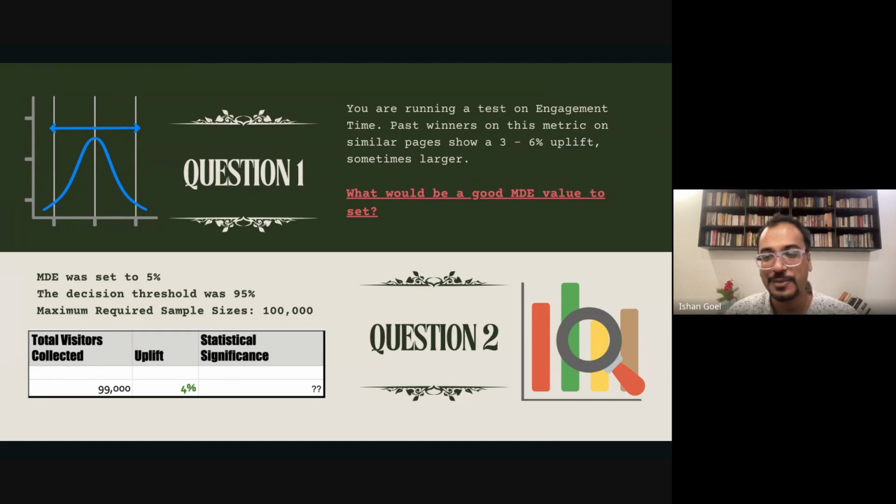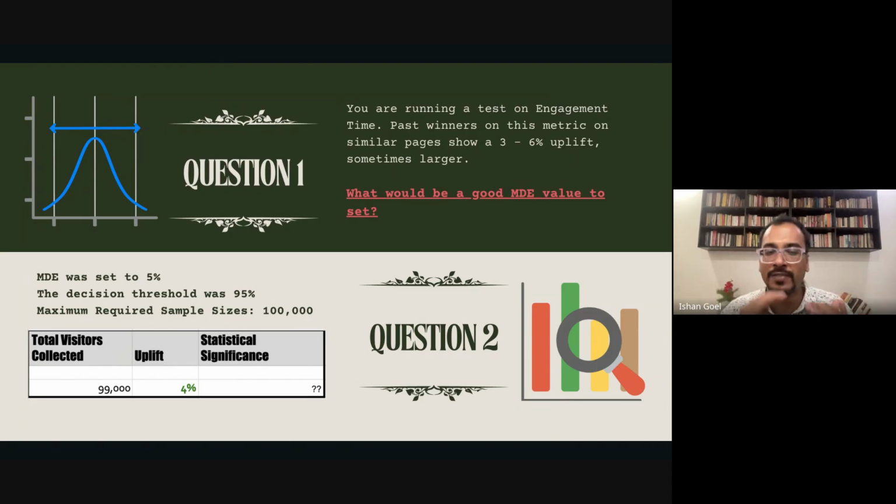So basically, the idea here is that if you have an uplift that is smaller than the MD, then it is not like it won't be detected. It is just that it is likely that it will not cross your threshold of winning. It might be below the threshold of winning, but it will be closer. So had the uplift been 2% or 3% here, it would be much lesser.